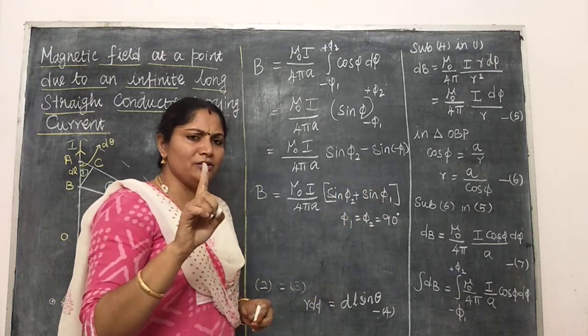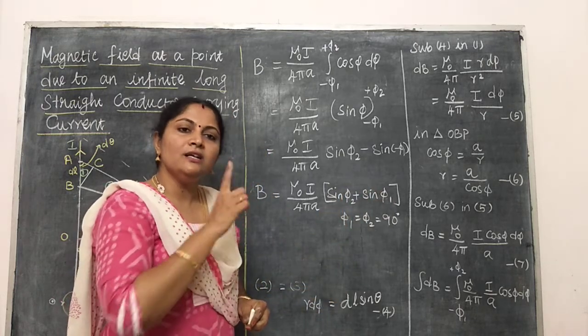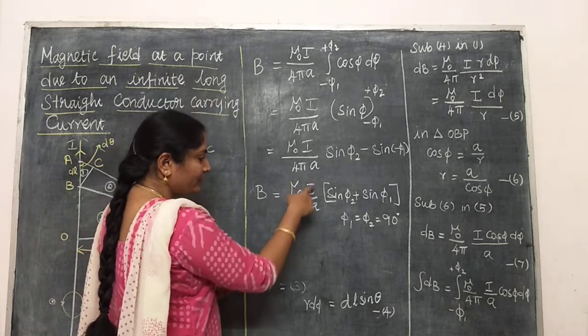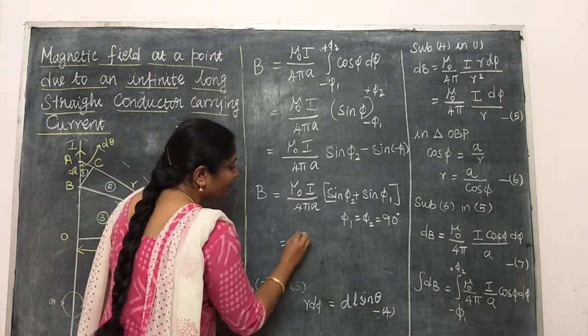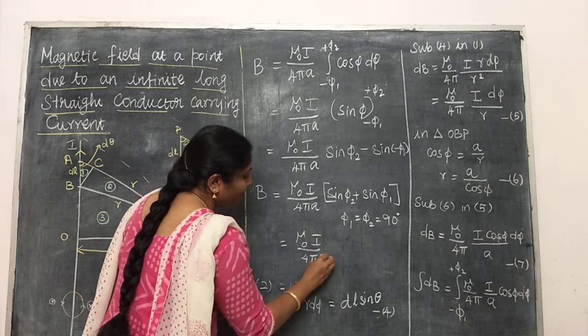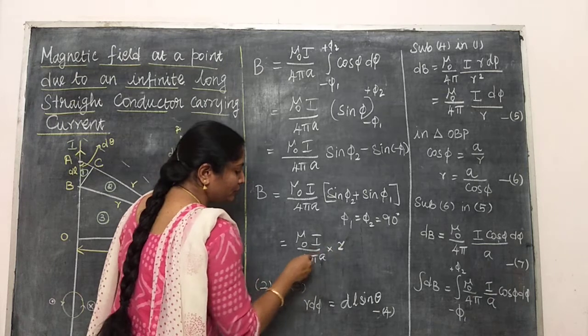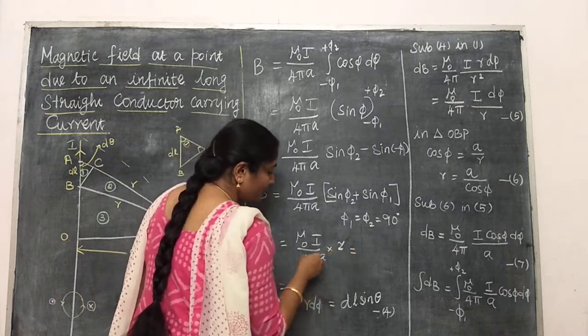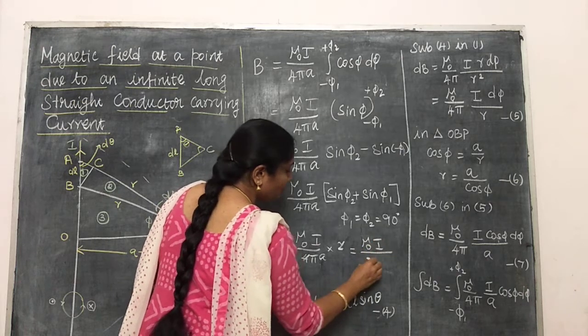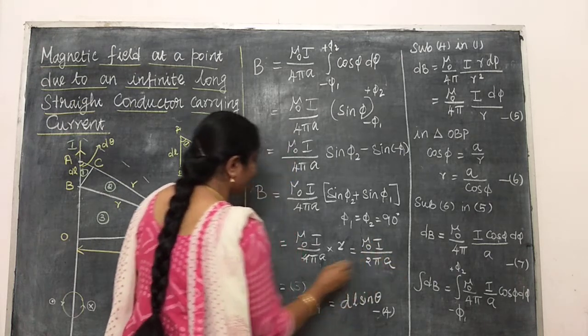We know that the value is 1 for sin 90 degree. So 1 plus 1 becomes 2. Since there is a 4, the final expression becomes mu naught I by 4 pi a into 2. So 2 gets cancelled, and dividing by 2, mu naught I by 2 pi a is the final expression.